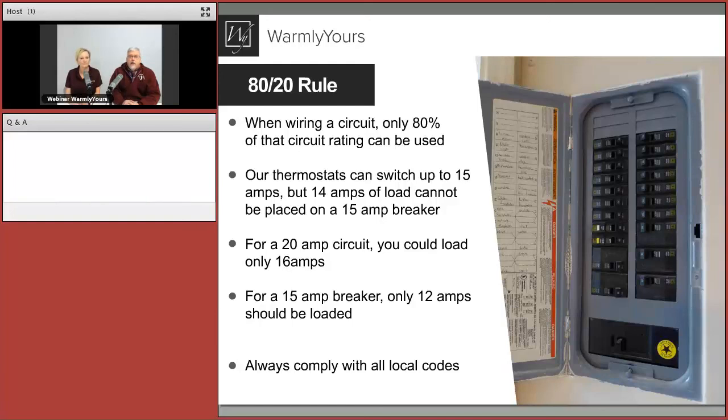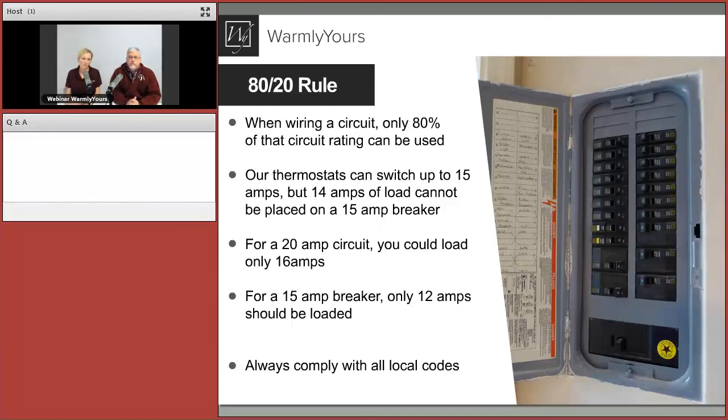But you can't put 15 amps worth of product on a thermostat and then put it on a 15 amp breaker. Even though the thermostat will switch 15 amps, if you go beyond 12 amps, you've got to go to a 20 amp breaker to make sure that you are following the 80-20 rule. You can only use 80% of what that circuit is rated for.